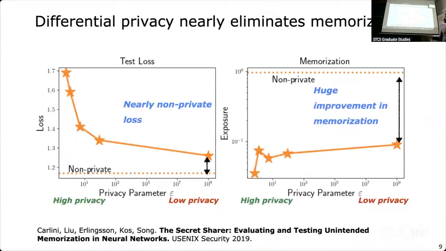So it turns out that this does actually address our problem of memorization to a fair extent. This left side plot shows that as we change this privacy parameter, which is the gap between the distributions, the loss that we get actually gets very close to the non-private loss, but the memorization behavior on the right is qualitatively different, even at these very low, almost vacuous privacy parameters.